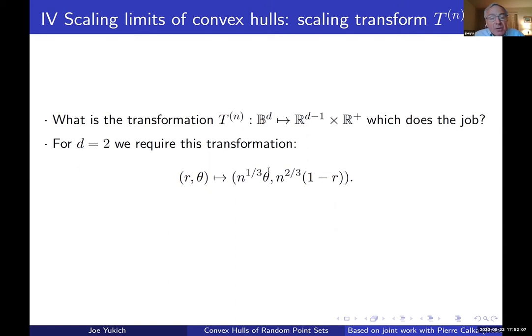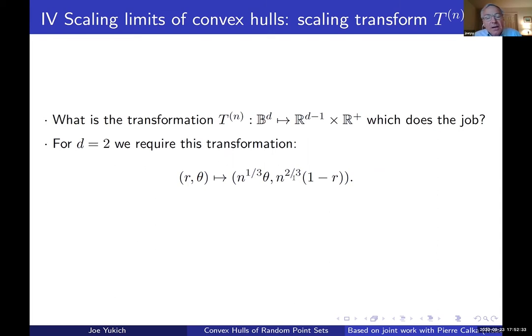What we do in dimension 2 is we take a point in the disk with polar coordinates r and theta, r being the distance from the origin, 1 minus r being the distance from the boundary of the unit disk, and the distance to the boundary is scaled up by a factor of n to the 2/3.